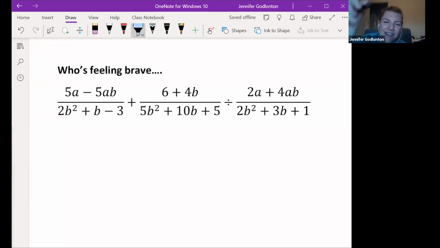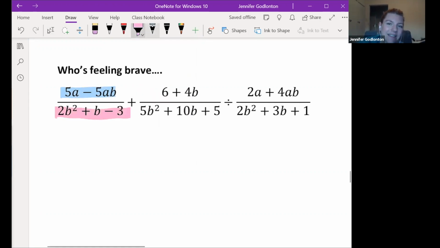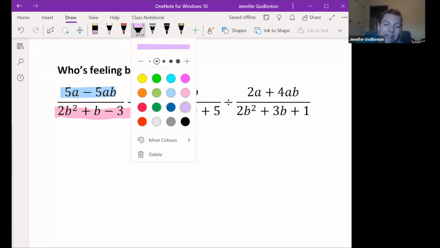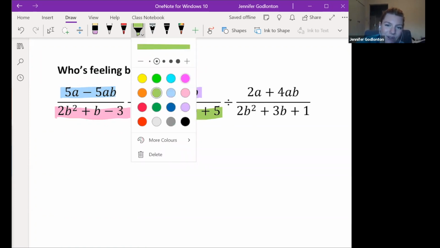The first thing, remember, we don't panic. The first thing we do is all we're focusing on is how do we factorize each of these different steps? That is the only thing we have to focus on for this first step. That's it.